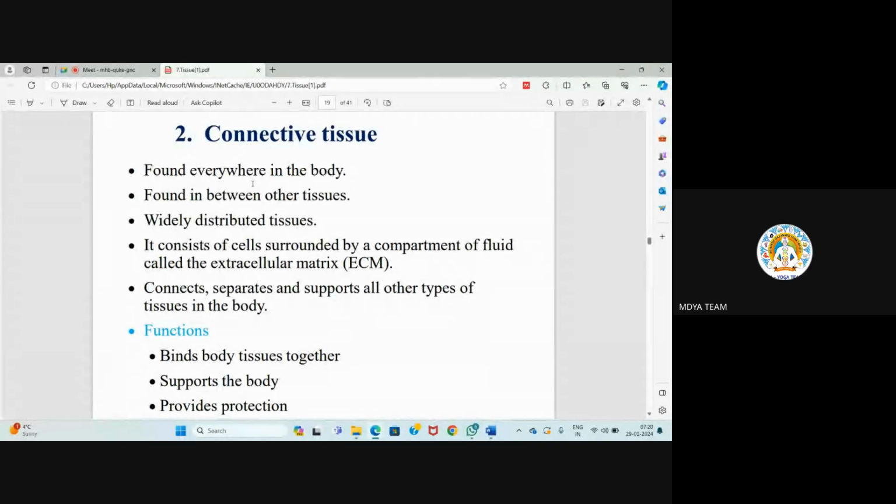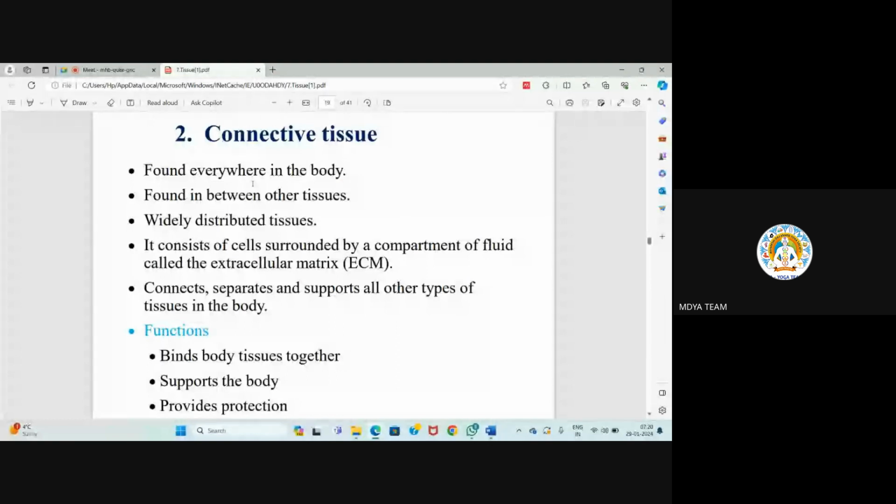Not only in the knee and elbow, everywhere in the joints where it connects one bone to another bone, that is a ligament. So it is making the connection between bones. That is why it is connective tissue.